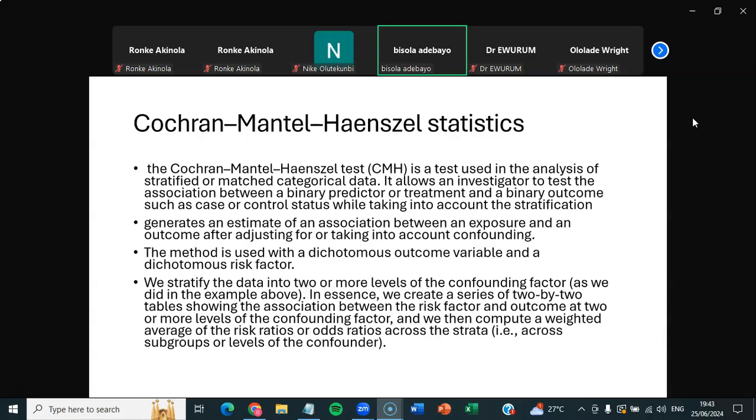A confounder is a third variable that distorts the relationship between your two variables of interest, that is, between your exposure and your outcome.